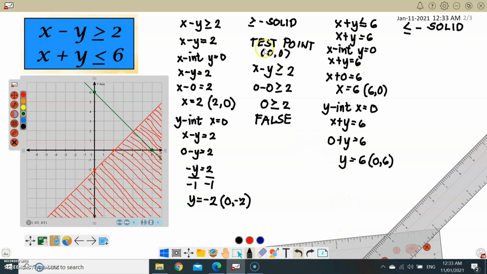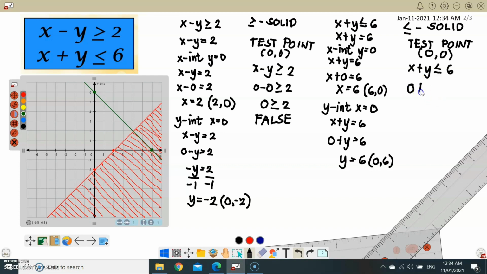Then next is to choose test points. Commonly, we are using the origin, and the coordinates of the origin is (0, 0). So using the given inequality, x plus y is less than or equal to positive 6, substitute the values of x and y.